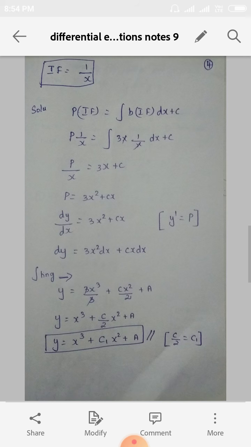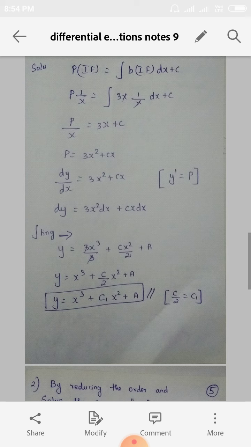Now we have to put the variable p is equal to dy by dx. Y dash is equal to p, no? So p is equal to y dash, which is nothing but dy by dx, is equal to 3x square plus cx. Therefore dy is equal to 3x square into dx plus cx into dx.